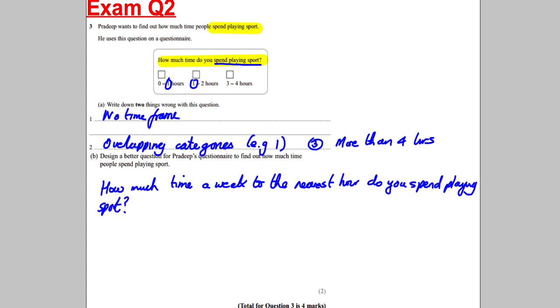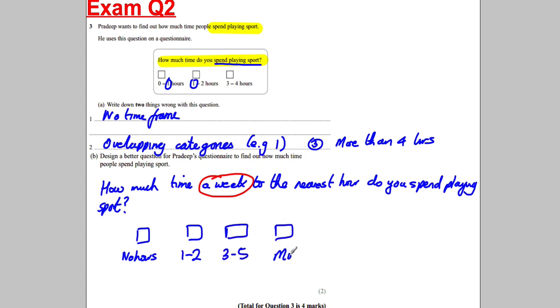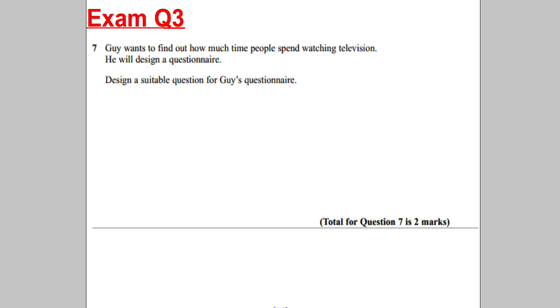Question mark. So this here, this time frame got you a mark there, and now you put in boxes. So just say no hours. Let's say, I don't know, 1 to 2, 3 to 5, and why don't we say more than 5? Done. Okay, next question.